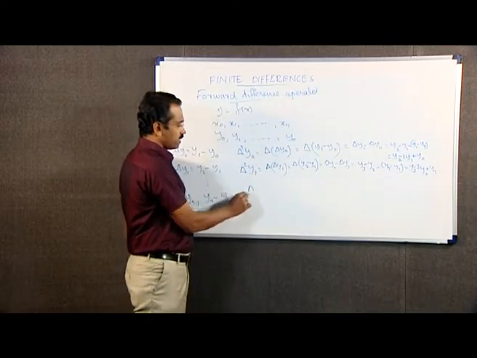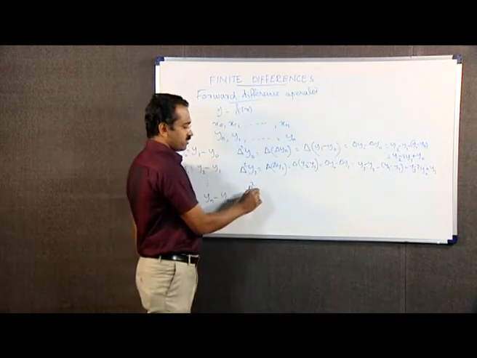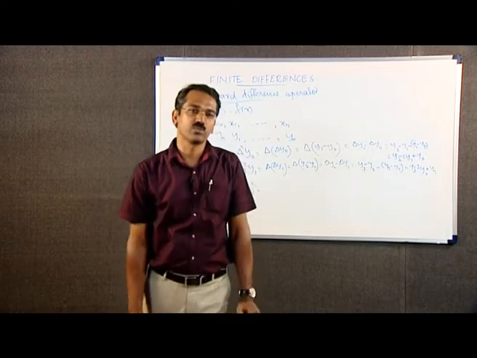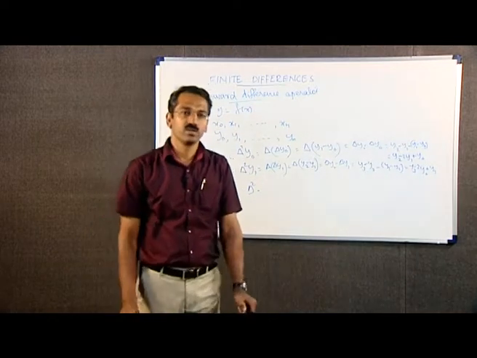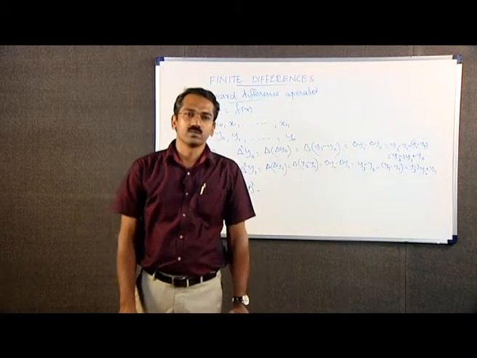Here delta square is called the second difference operator. Delta square is again an operator which is called the second difference operator. Similarly, we can define the higher order differences and higher order operators.